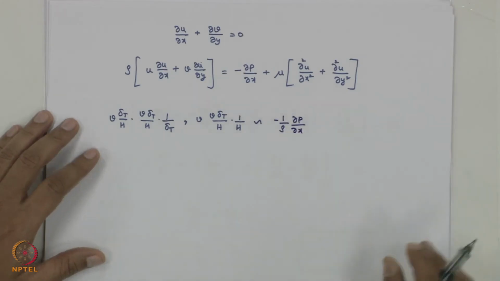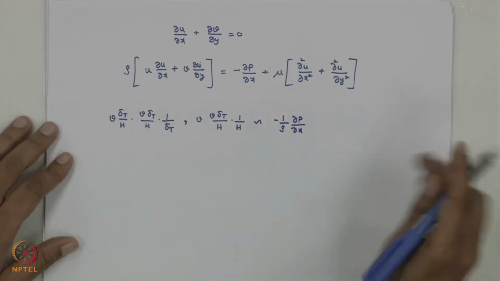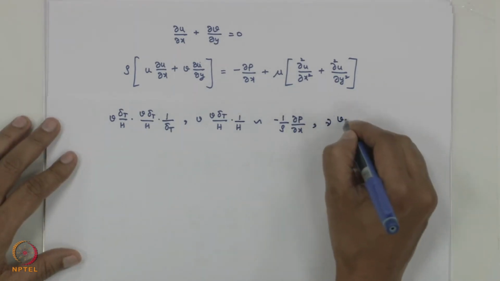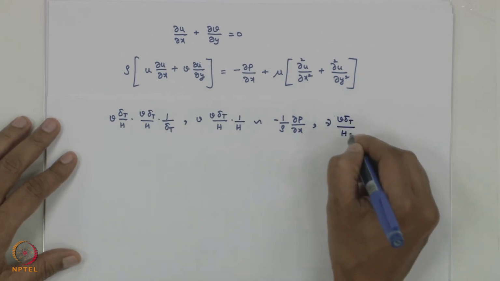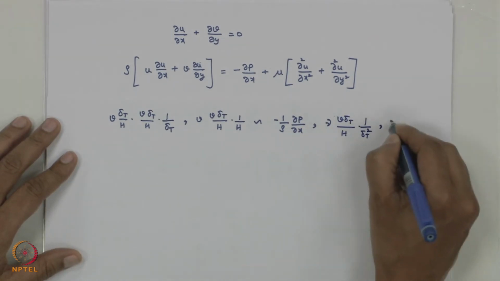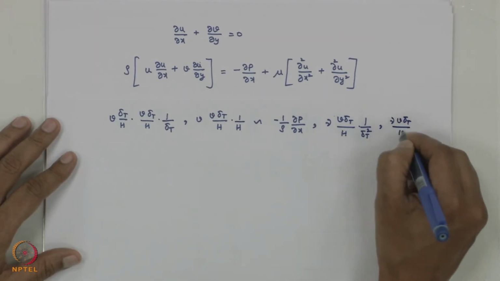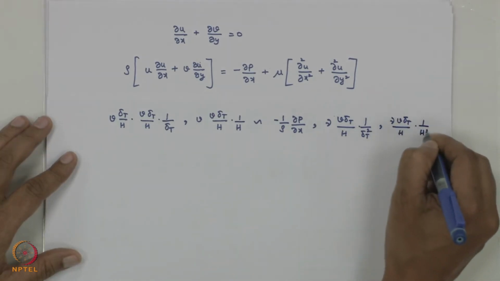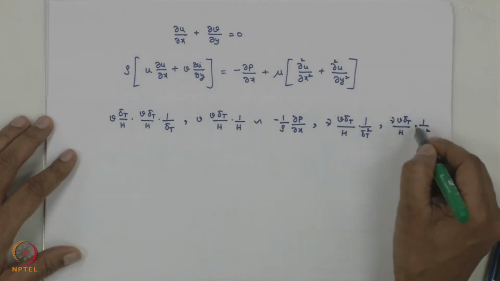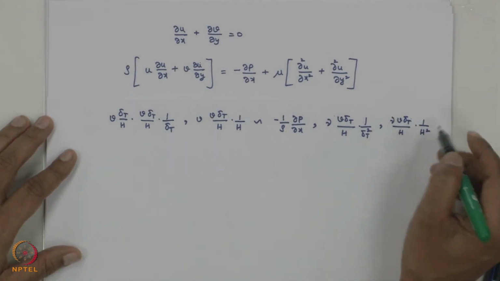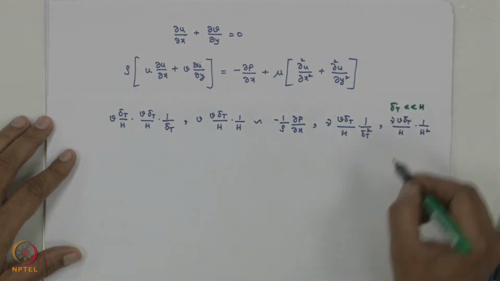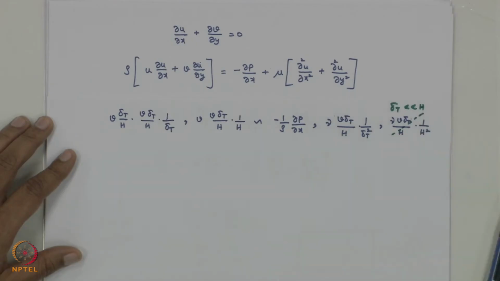I am going to keep it like that only, I am not going to change that. Comma, nu u is v delta t by h into x, which is delta t squared. Comma, nu v delta t by h into 1 by h squared. As you can notice here, this is delta t by h cubed. Delta t is very much less than h, so this term can be neglected.